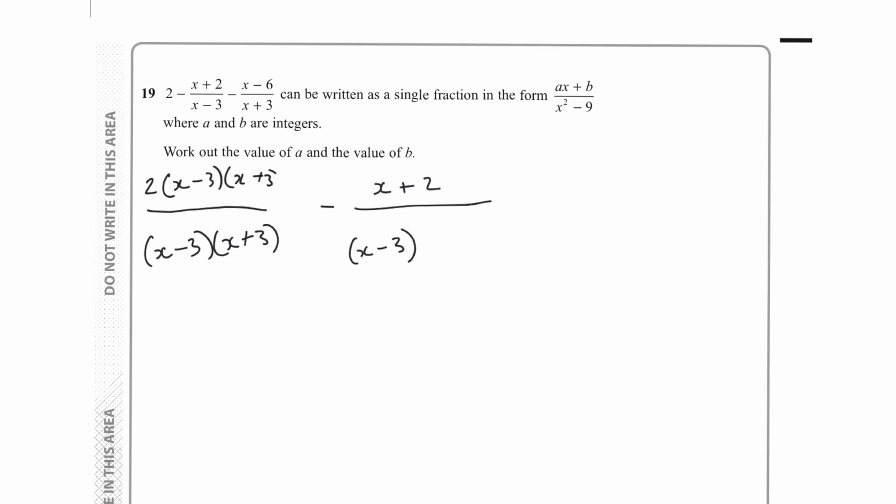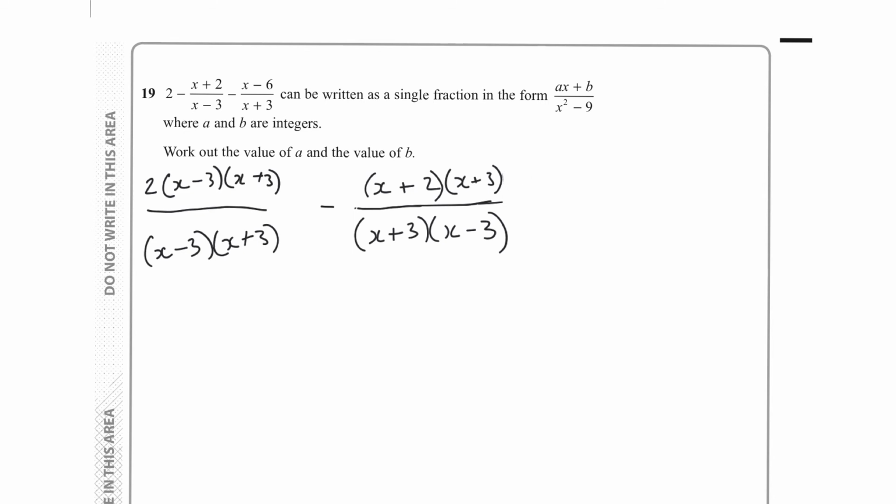You've got x minus 3 on the top and x minus 3 on the bottom, so they would cancel out, which is why the whole of the bottom for the second fraction would be x plus 3, x minus 3, and then the numerator would just be that.